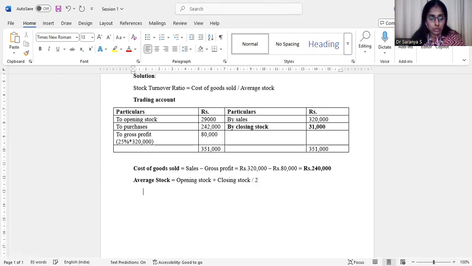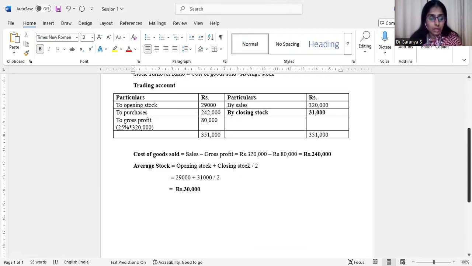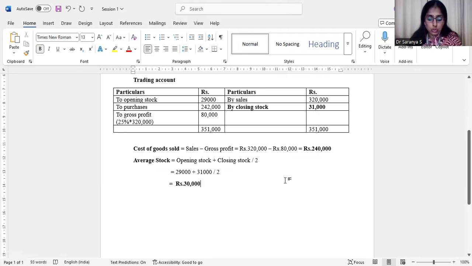Opening stock is 29,000 plus closing stock, which we calculated in the previous step as 31,000, divided by 2. So 29,000 plus 31,000 divided by 2 gives rupees 30,000.